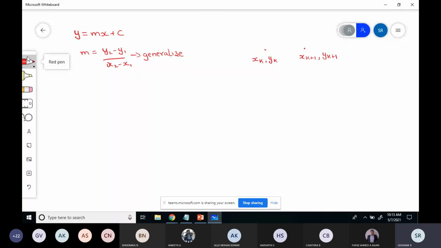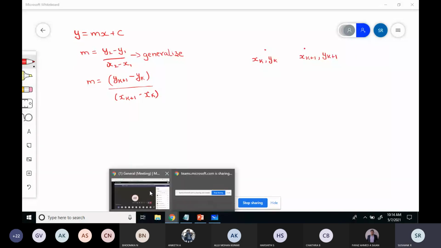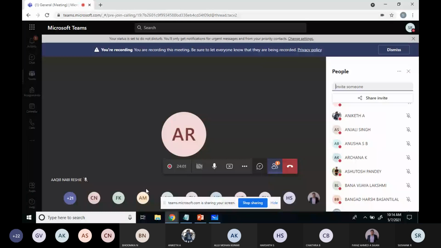I'm generalizing this. m is equal to difference in y by difference in x, that is y of k plus 1 minus y of k, divided by x of k plus 1 minus x of k. So this is how you should find the slope equation. Is it clear?